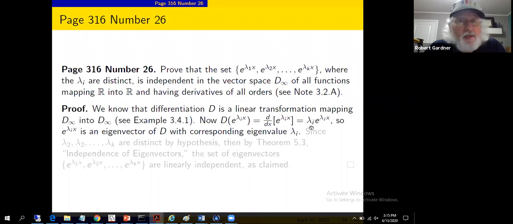That scalar is called an eigenvalue, and that thing we put in, this vector, it's a function, but the functions are vectors here. This vector is an eigenvector corresponding to lambda sub i. So e to the lambda sub ix is an eigenvector of the linear transformation of differentiation corresponding to eigenvalue lambda sub i.